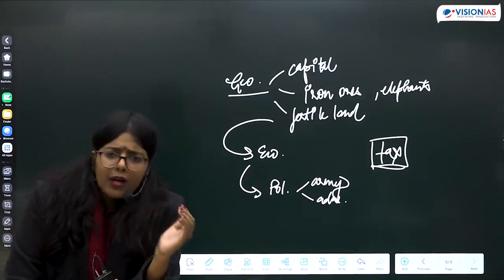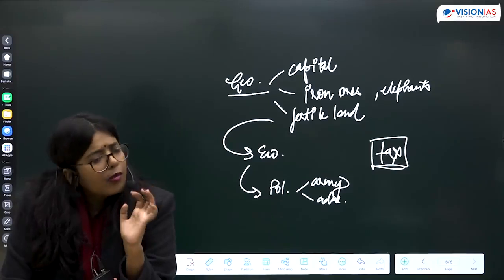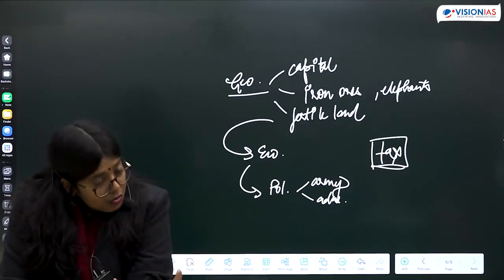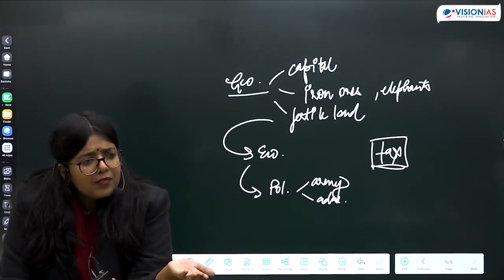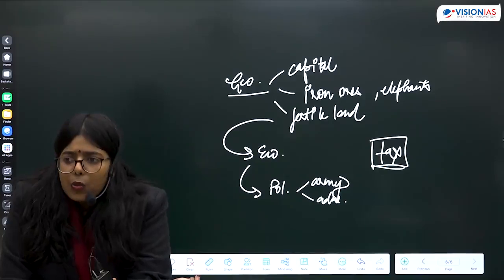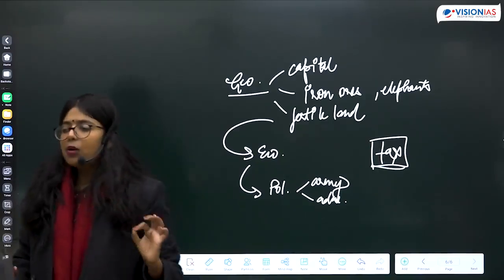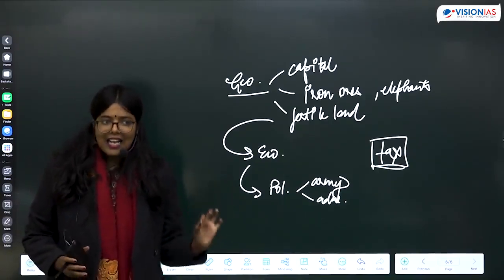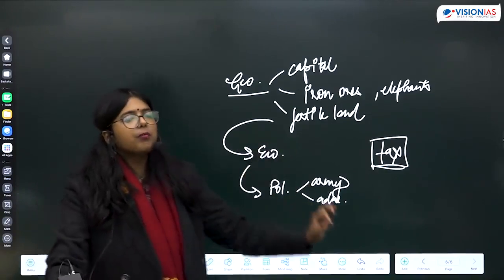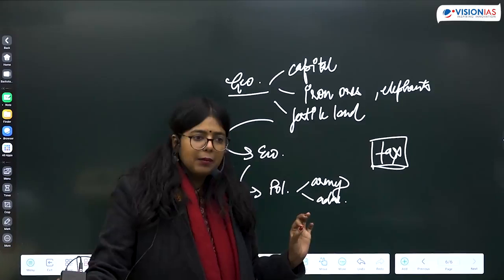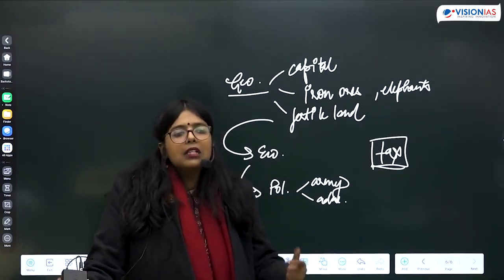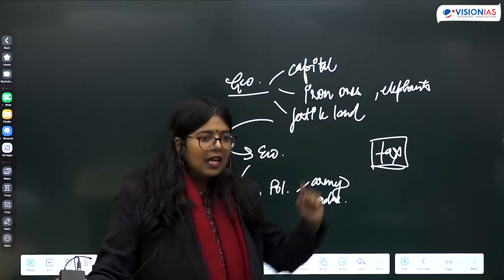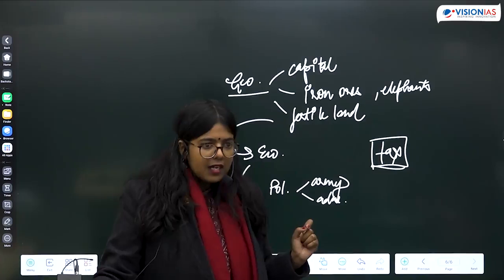There are one or two rulers in each of the Mahajanapadas who were strong and capable as well. But after them, what will happen? The successors might be weak. When we are talking about Magadh, Magadh had a series of ambitious as well as capable rulers. So that is going to make Magadh much stronger than the other Mahajanapadas.